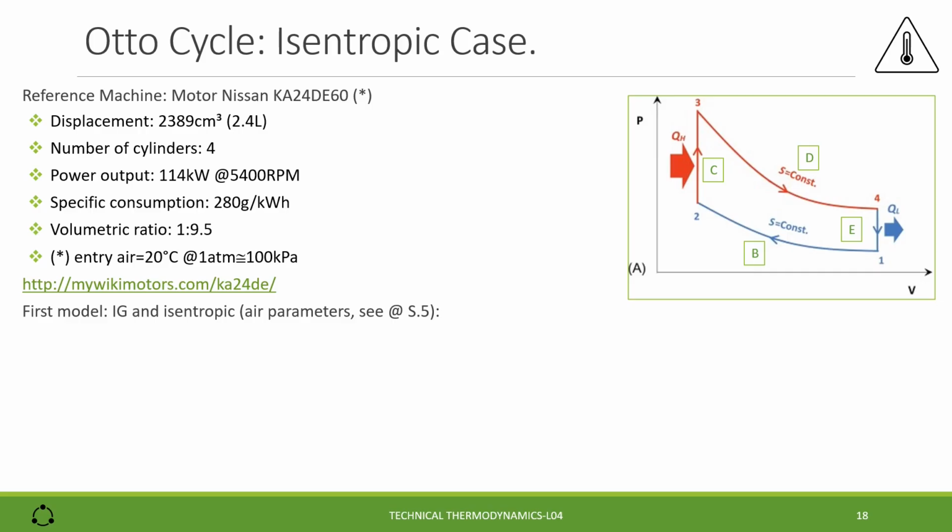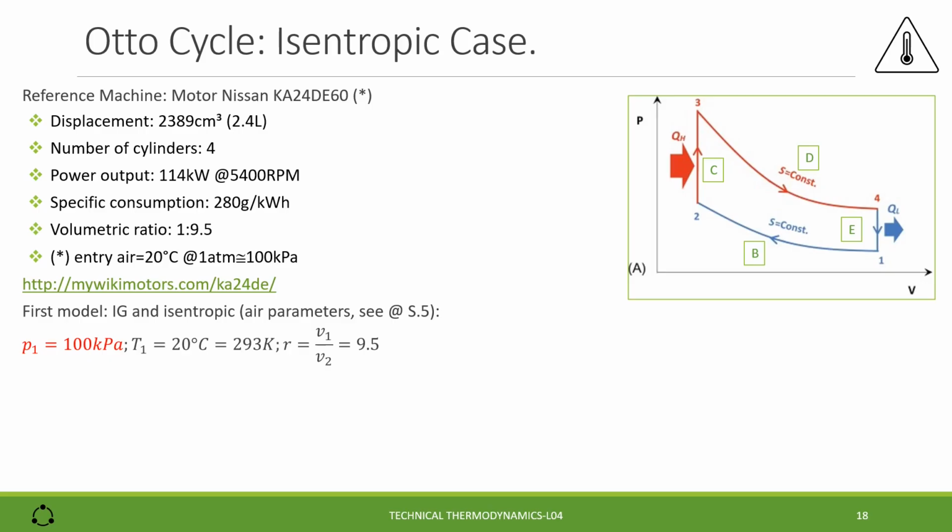In the first model, we consider ideal gas and isentropic transformation. The air parameters have already been calculated in slide number 5 of the previous presentation. The pressure at state 1 is 100 kilopascal. The temperature, as already said, is 20 degrees.